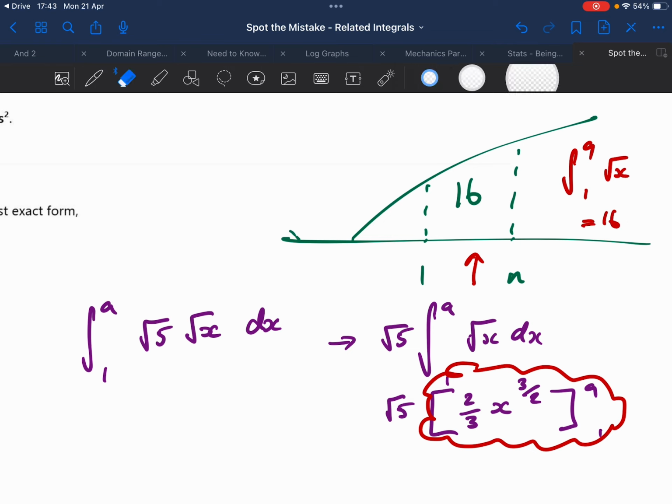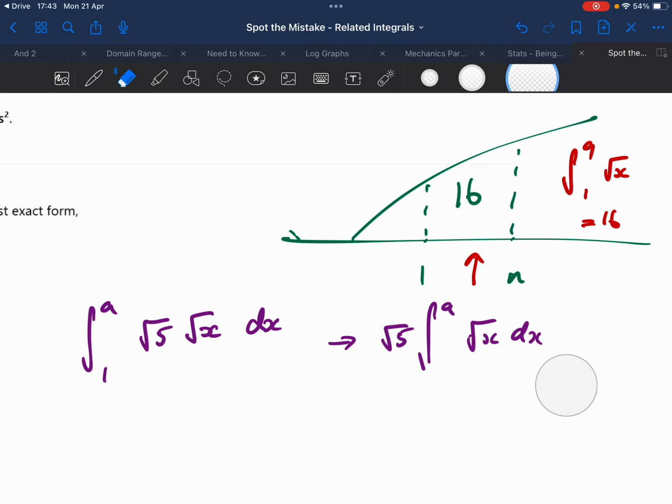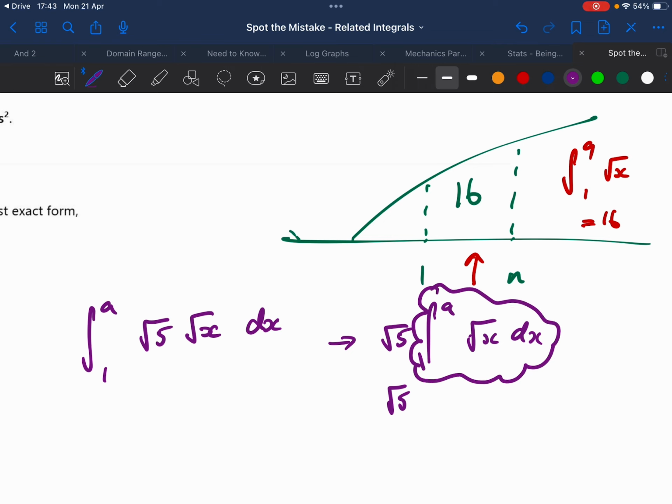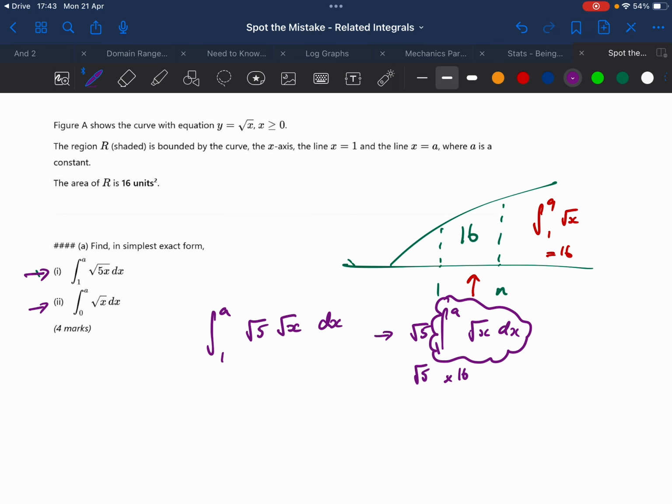So I need to be wary of answering the question again, and I need to just spot what's going on here. Instead of doing all of this, I'm supposed to notice that this is root 5, but all of this business here is just 16, because I've been told that earlier on in the question. So you have to be slightly wary of over-answering questions.